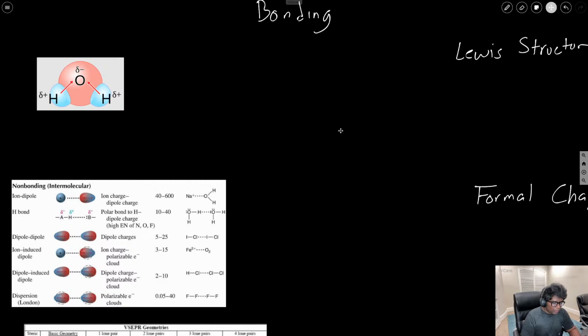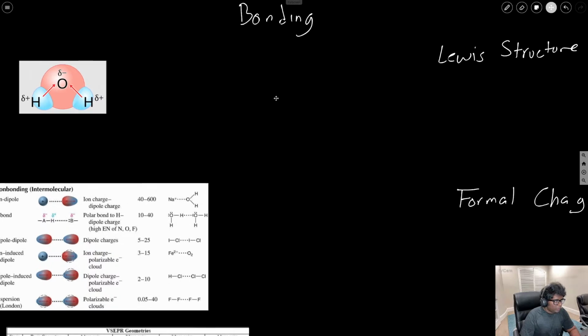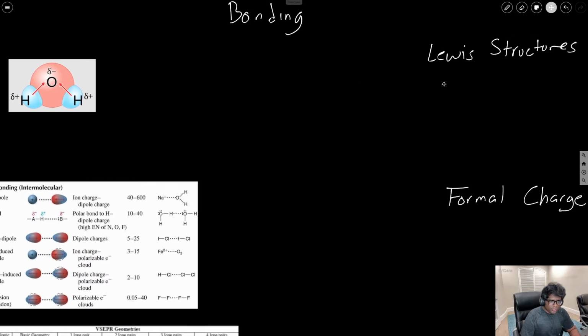So I think we're fine with the octet rule. Should I move on to Lewis structures? Do you want Lewis structures or formal charge first? All right, I'll start off with Lewis structures.